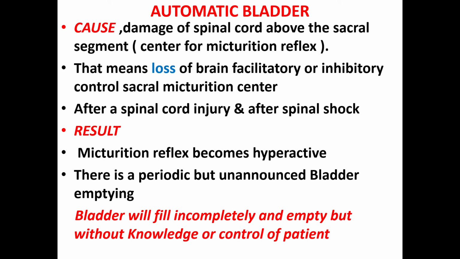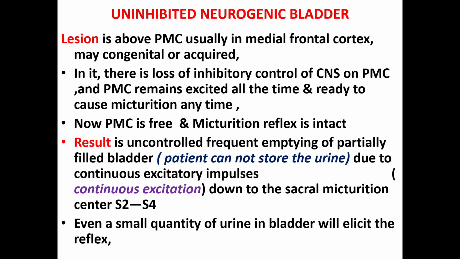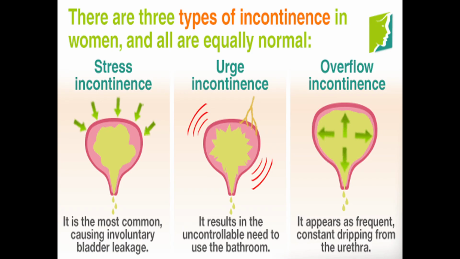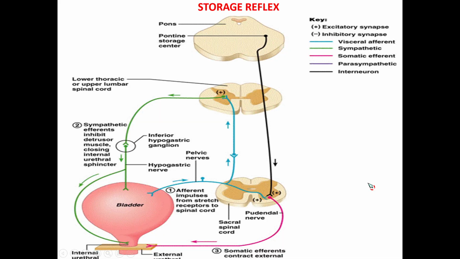Where is the lesion? I will show you through the diagram. Here, the lesion is usually in this area. This is your center, but in the atonic bladder the lesion is in this area, and in the automatic bladder the lesion is in this area. So the higher center cannot control this micturition center. Once the bladder is filled to some extent, the impulses will move to this one, and it will empty itself through its connection.